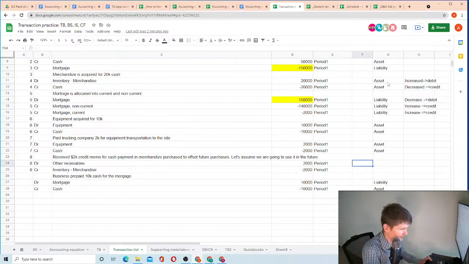But that's not cash, that's some other asset. In our situation, that asset will be other receivable. Receivable is some balance owed to us by a third party. If someone owes us money, we say that's a receivable. And in our case, that's an asset.